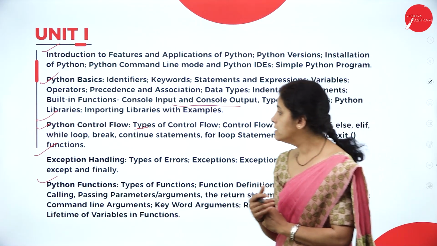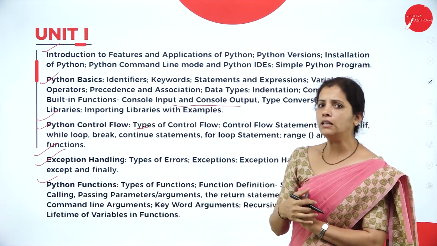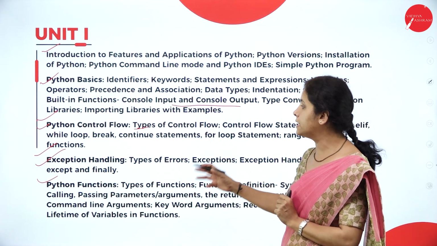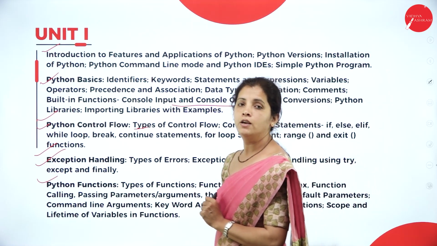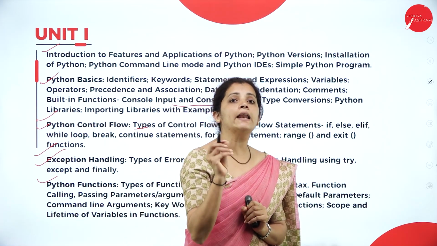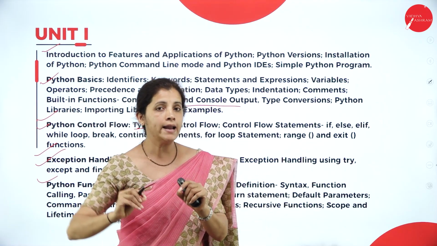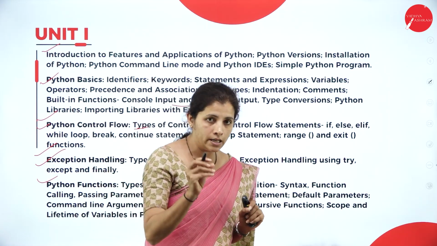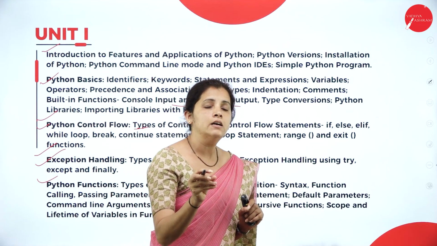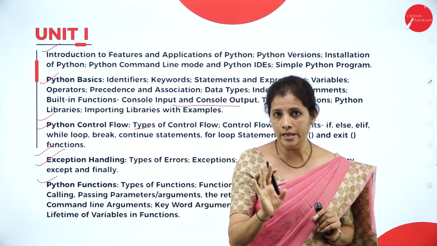Along with that, if I consider the fourth chapter, what are the things I'm going to deal with here? That is nothing but exception handling. So what is an exception? An exception is nothing but an error. If I write any program and if that program generates any error, that error must be handled carefully.